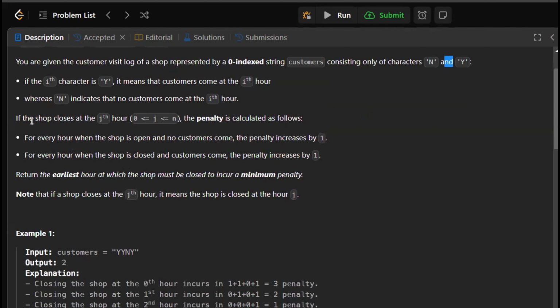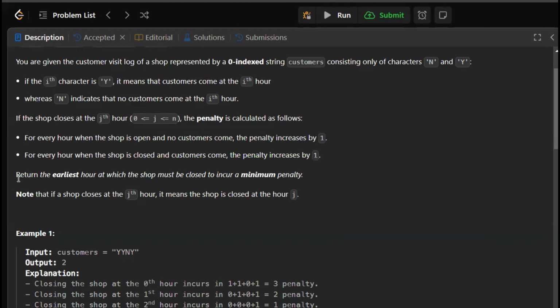Now, if the shop closes at the jth hour, the penalty is calculated as follows. For every hour where the shop is open and no customer comes, the penalty increases by 1. And for every hour when the shop is closed and a customer comes, the penalty increases by 1.